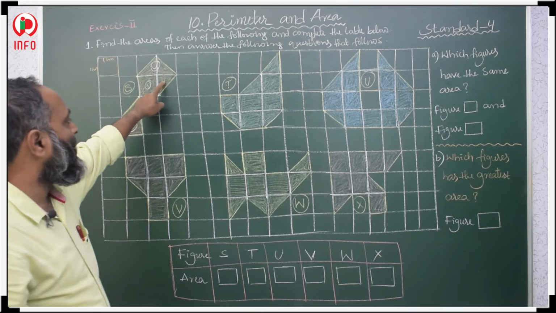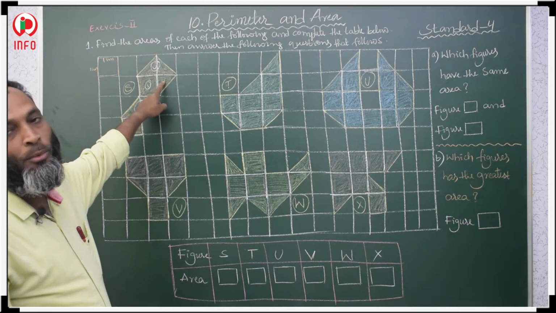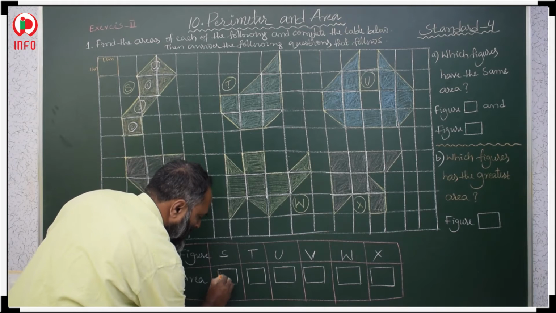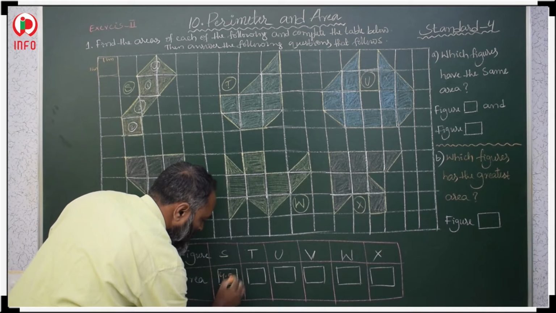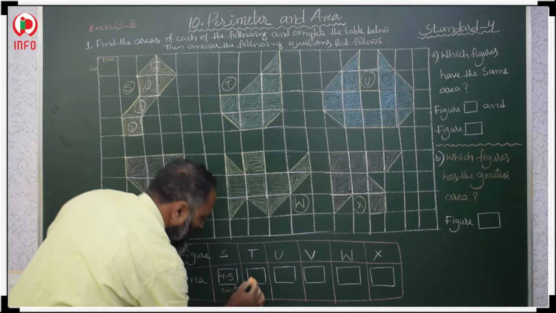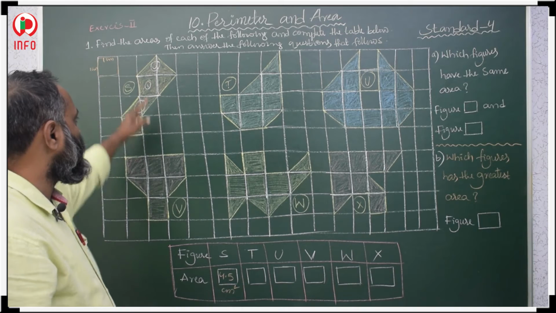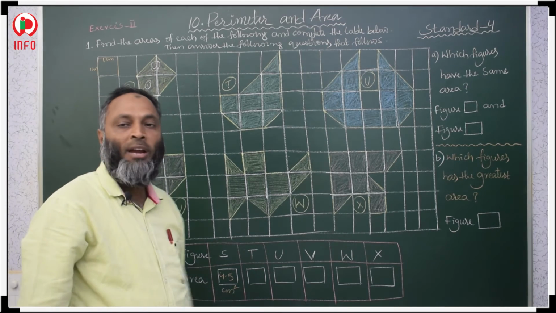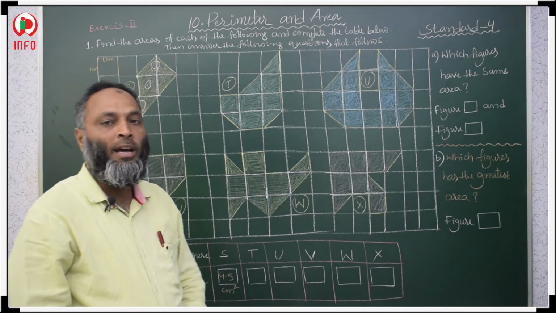And one more is left, a half square, so that is 4.5. The first irregular shape area is 4.5 centimeter square.